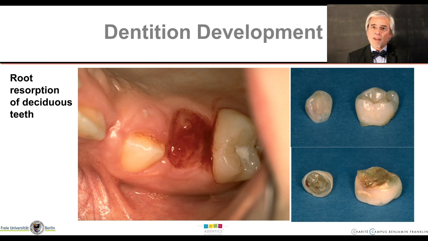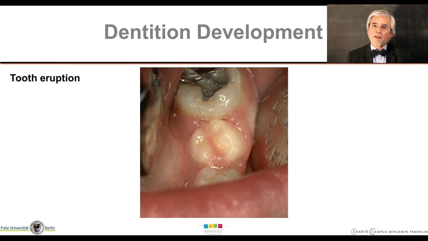Well, when they fall out, the roots are resorbed and only the crowns remain, and then it looks like this. I think this picture is just beautiful. See how the tooth cusps are working themselves through the gingiva and present such a small gum bridge which spans over the fissure for a short time.